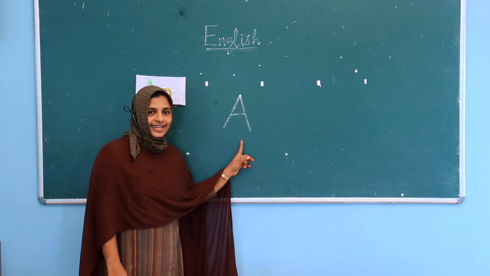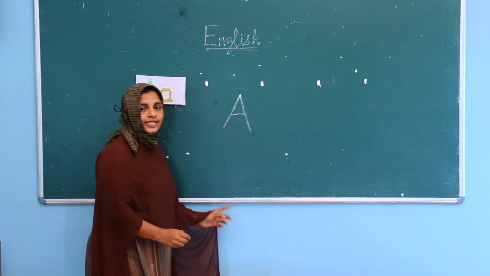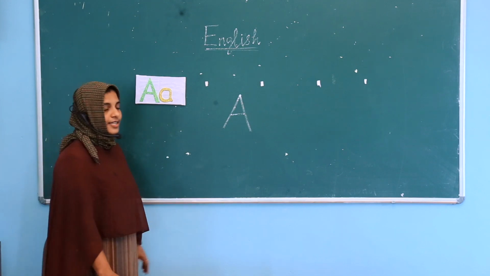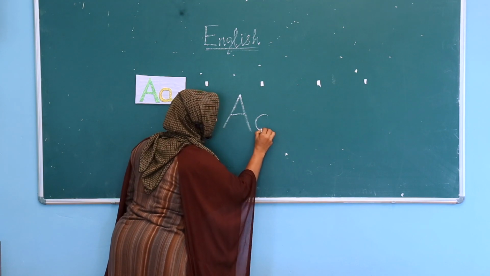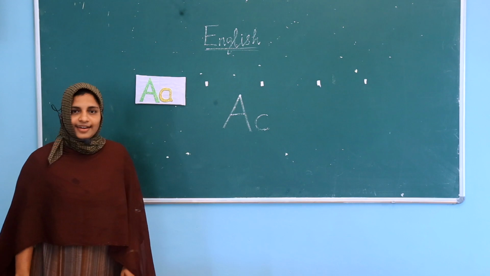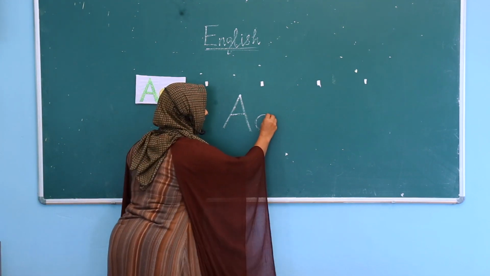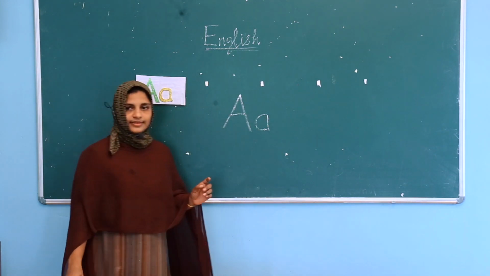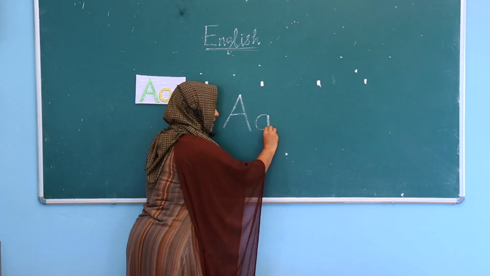Then, how can we write small letter A? First, we can draw a curve. What is this? This is a curve. And a standing line. Curve and standing line.